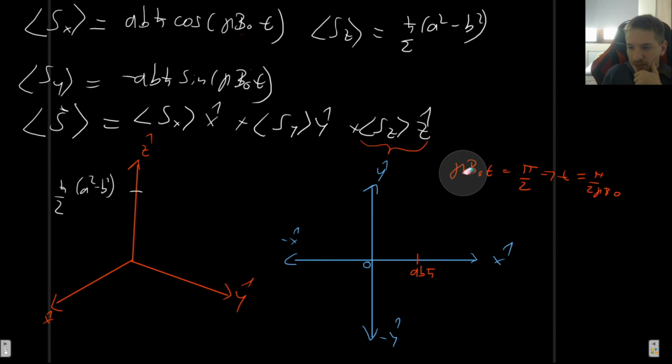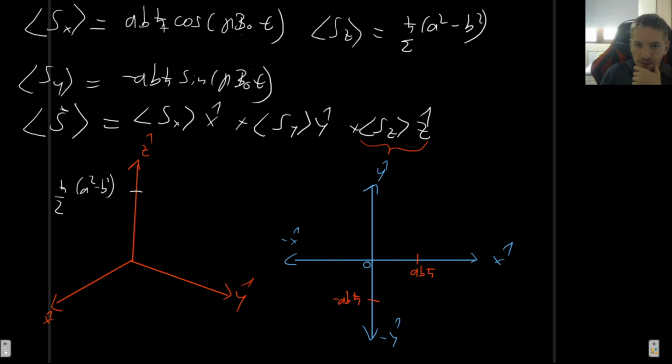Obviously, which time it is doesn't really matter too much, but that's just so that we see. So what happens when the interior here, sorry, is pi over 2? Well, cosine is going to be 0, so we're going to be at x equals 0. But now in the y direction, we're going to be at minus a b h bar, since sine is 1. So we're going to be at minus a b h bar.